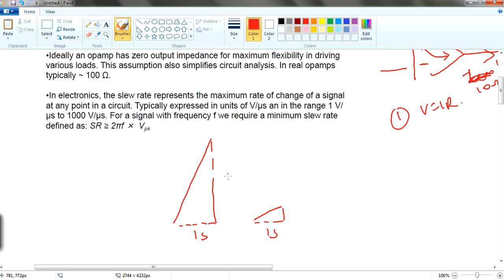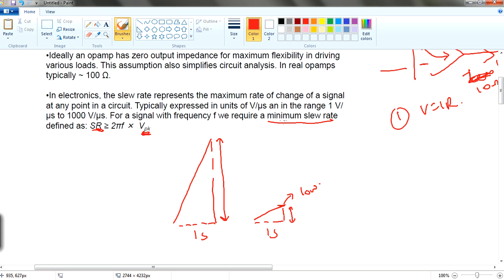So to give you a clearer view, this slew rate and this slew rate, which is better? Which is the preferable one? It's actually this one. Minimum slew rate is 2 pi f times the V peak. So if your V peak itself is low, you'll have a slew rate that is low.